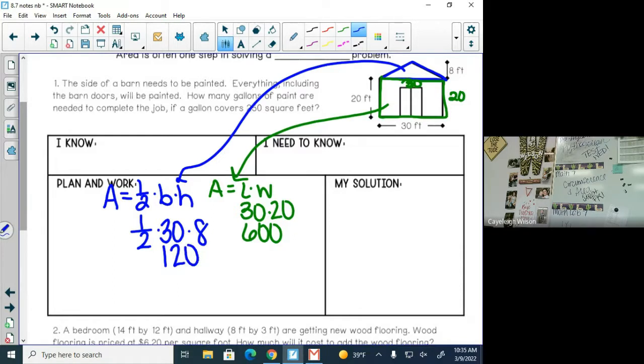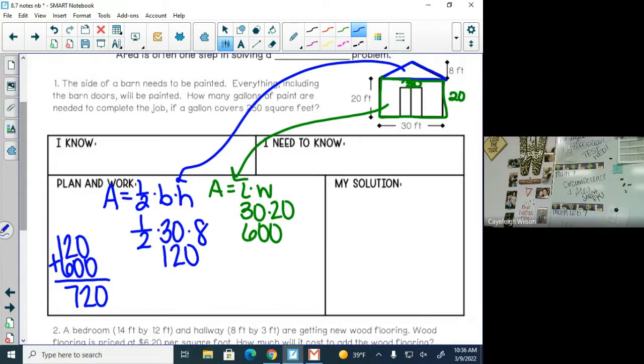Everybody agree? Yeah. Now, I need to find the area of the whole figure. So 120 plus 600 is 720. Now, that is not the answer to this, because the question did not ask me what's the square feet.